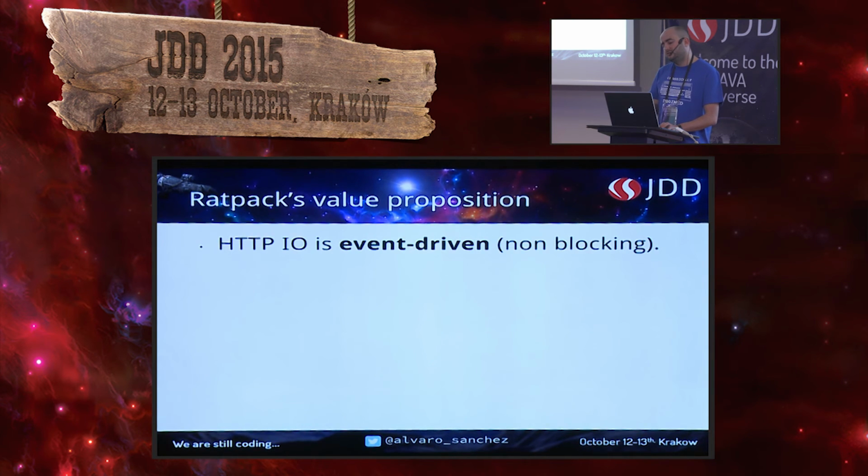So the proposition in Ratpack is different. First of all, the I/O is event-driven thanks to Netty. Which means that it's non-blocking, right? It's not the typical server socket and socket classes. It's the new I/O API in Java.